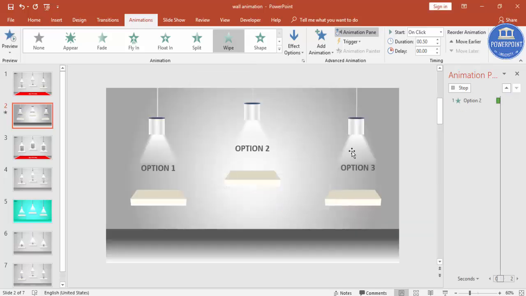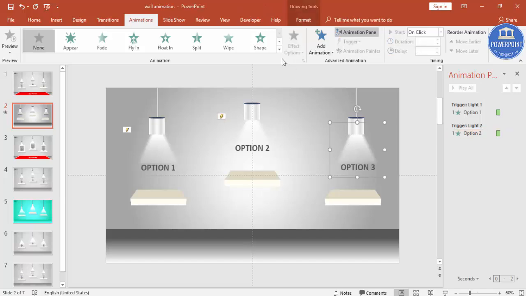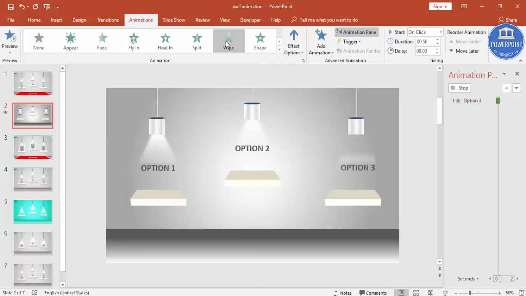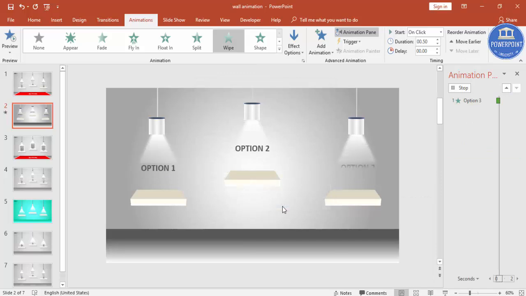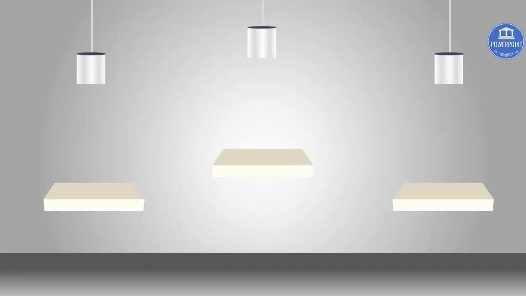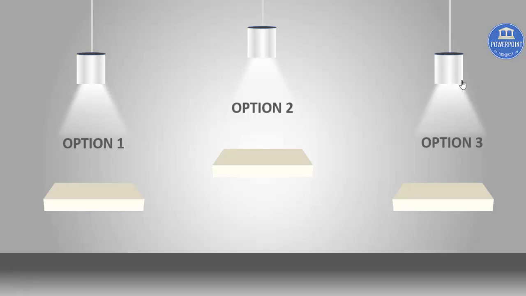Click OK, and then the same thing you do for this option 3, wipe effect from top, and again double click, timing, triggers, start effect on click of light 3. Click OK. So let's see now. When I click, it will show you option 1, option 2 and option 3.